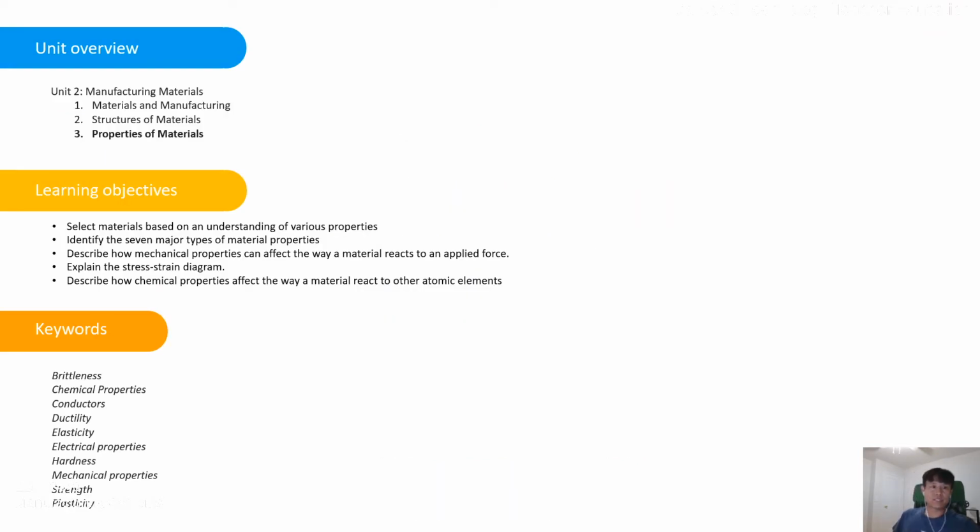All right, so this is the unit overview. We are learning about manufacturing material. We looked at material and manufacturing, how they are related, and then last week we looked at structure by looking at their bonding methods, like ionic, metallic, or covalent bonding, and how these bonding methods affect material properties.